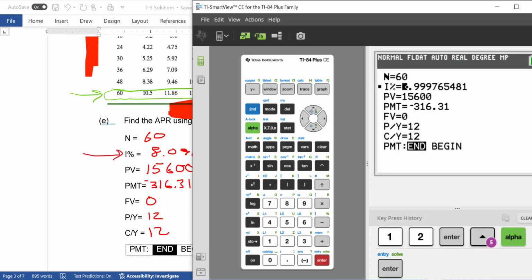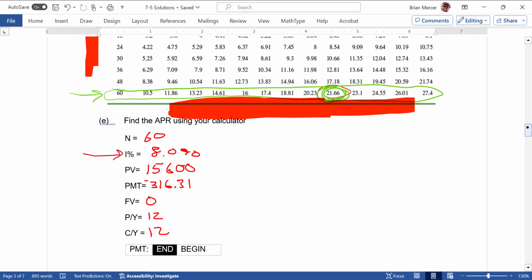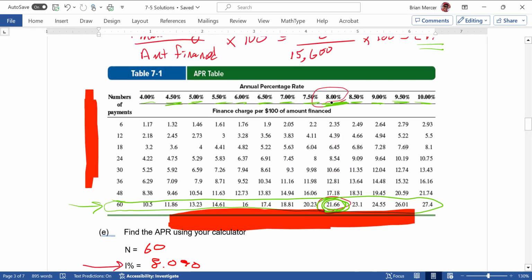And so that means my APR is 7.9997, blah, blah, blah. And so notice, if you got this number on your calculator and you rounded it to the nearest 0.5%, that would be 8, which is what we had. So that is how you do those on the calculator.